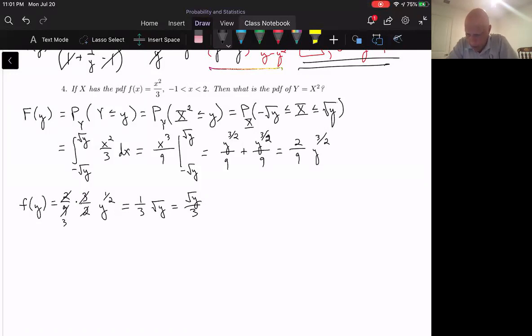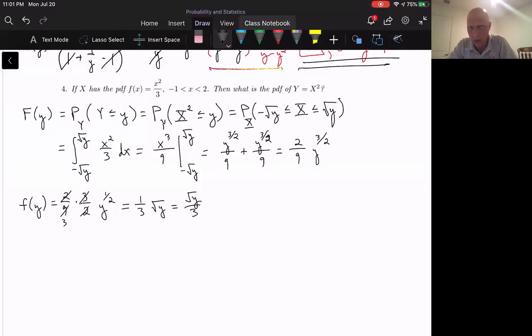And then you look back at the support. This one is a tricky one because it's not the bounds of x that are really going to give you the range of y. I'll do the easy part. I can tell you that y at its largest is going to be 4.